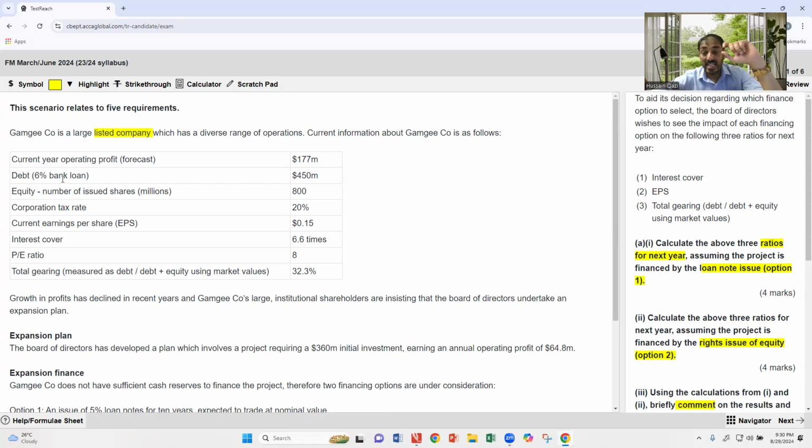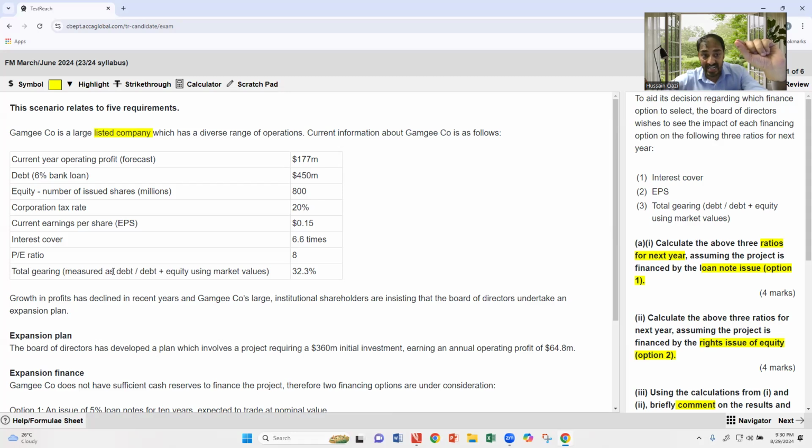177 million. Debt: 6% bank loan, 450 million. Equity: number of shares 800 million. Corporate tax rate 20%. Current EPS 0.15. Interest cover 6.6 times. Current interest cover is given. P/E ratio 8 times.